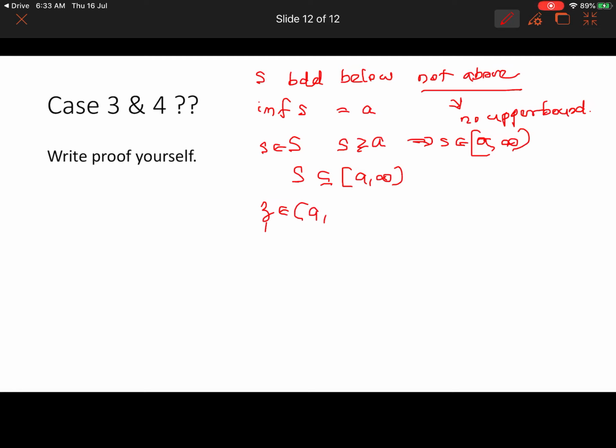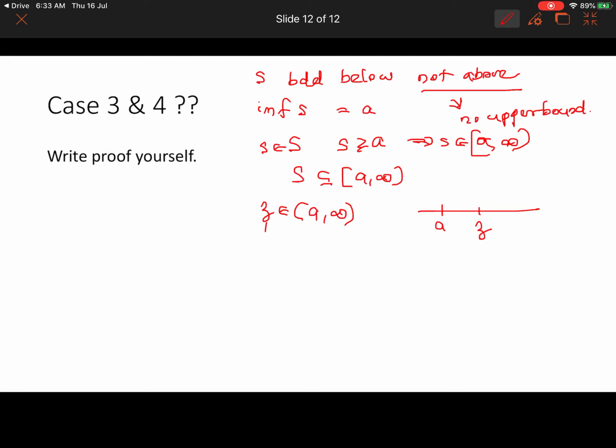Now take z in the open interval A infinity. So here you have A, here you have z. A is the greatest lower bound, so z is not a lower bound. So you will get something. And here S has no upper bound, so z is not an upper bound.